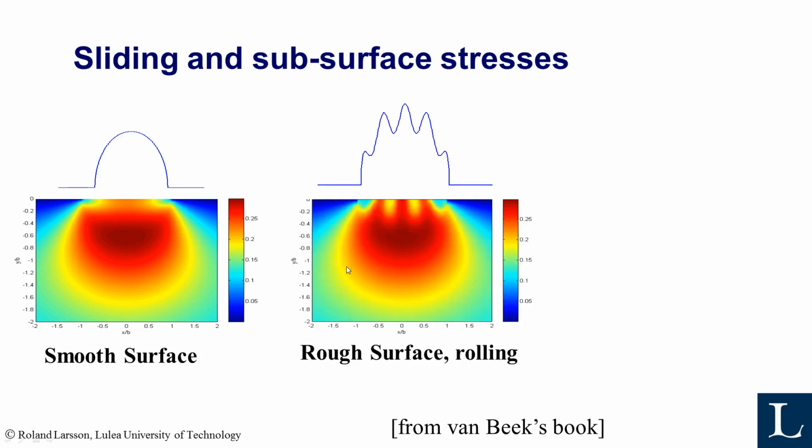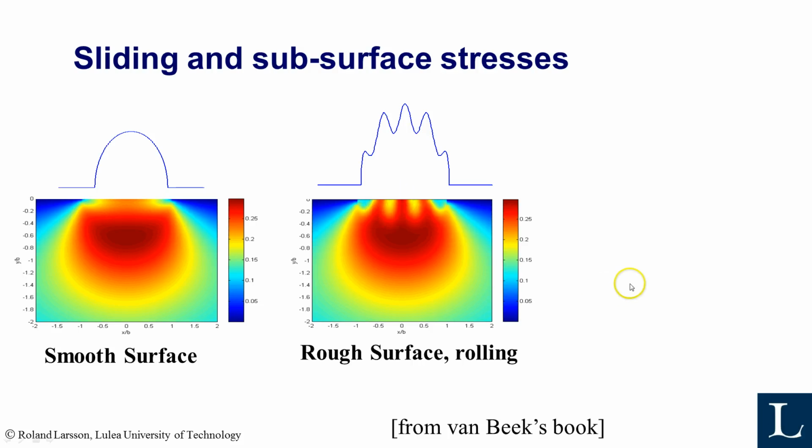If you add some roughness on this now, you see here that the maximum stress moves closer to the surface, and that is increasing the risk for pitting and surface initiated pitting, and maybe even plastic deformation at the surface.